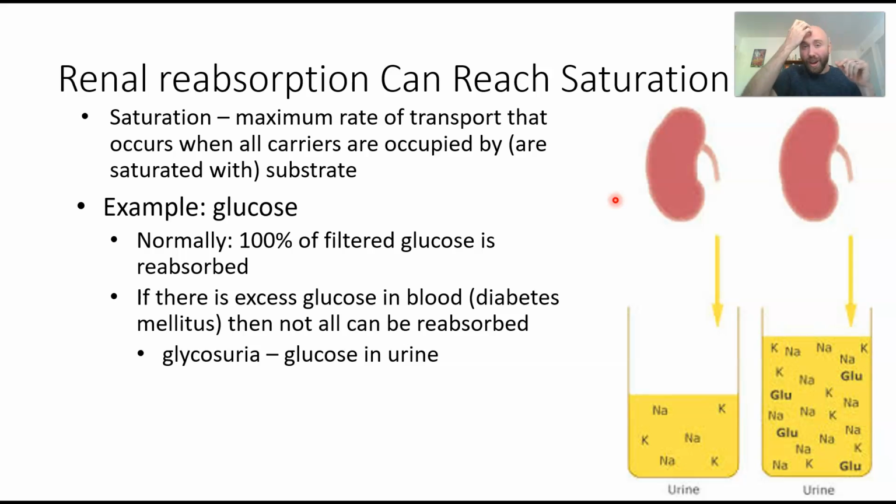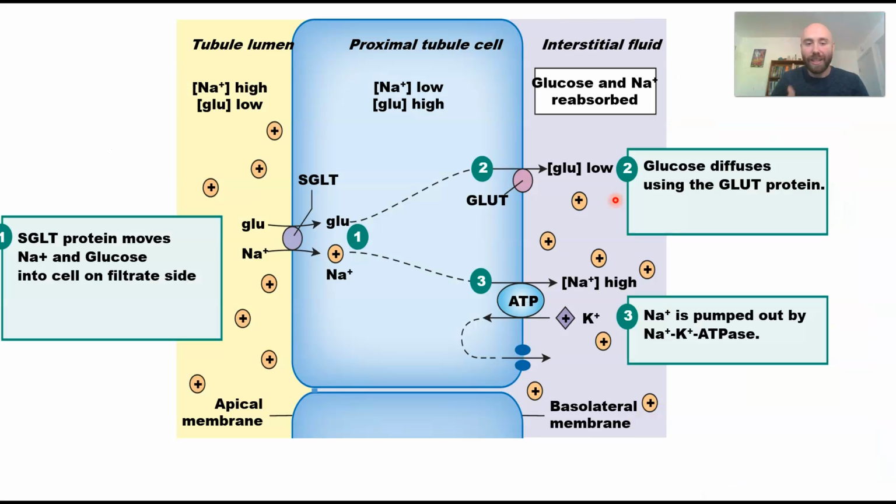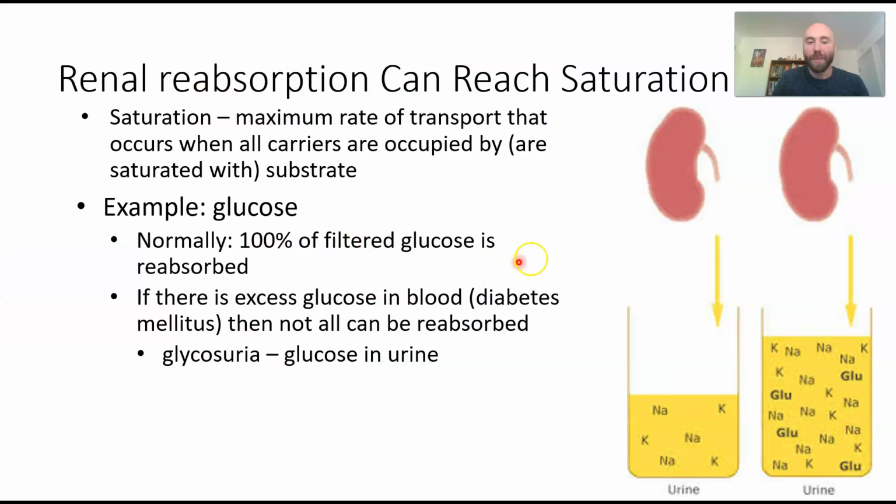So basically, all of the SGLT transport proteins here are working. They are moving a glucose molecule across the barrier. And what can happen is you could have more glucose in the filtrate than these transport proteins have the ability to move back into the blood.